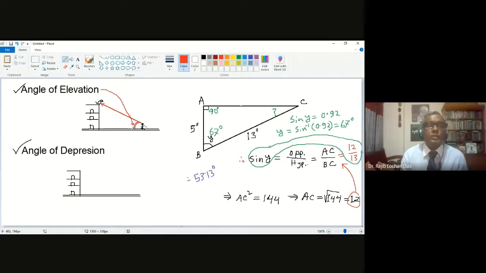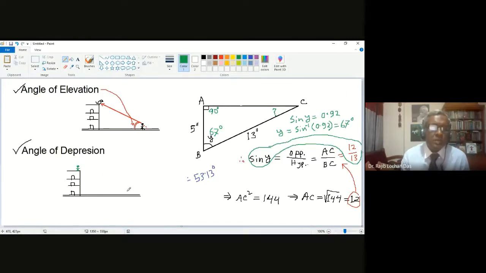Okay, so if you think about the same thing but in a different way, it's like somebody is watching from the top. So at the top of the building there is a person, and that person is watching something here on the ground.